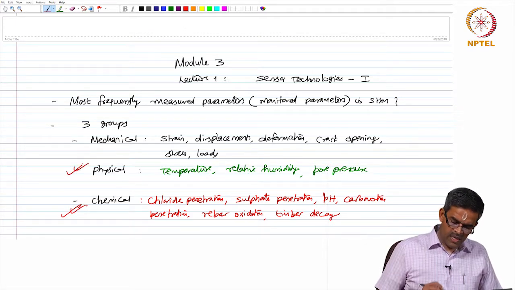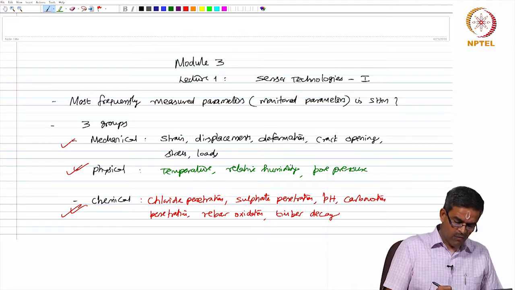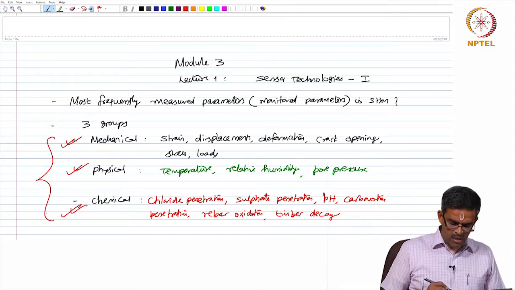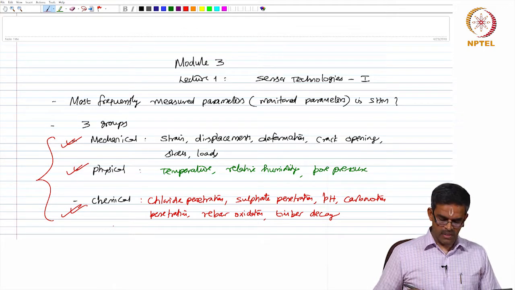These are physical changes which can affect the material and the member, and these are of course the measurements required for vibration monitoring of the structures. So, these are the major 3 groups under which various measurements are generally taken and observed and monitored in an SHM process.